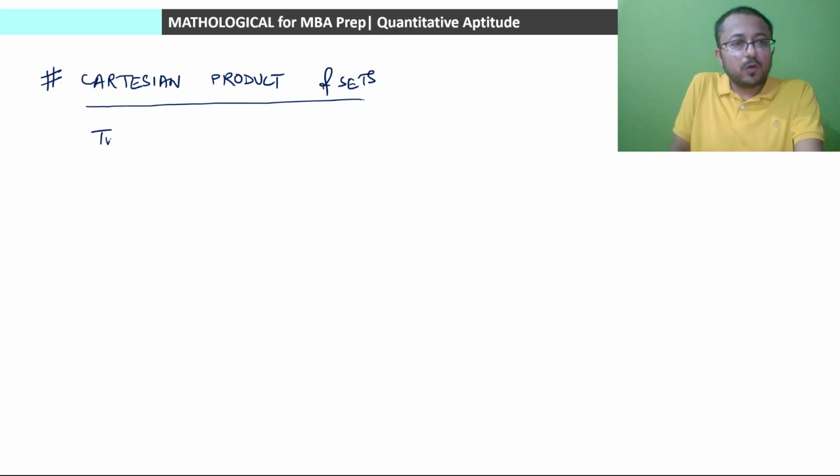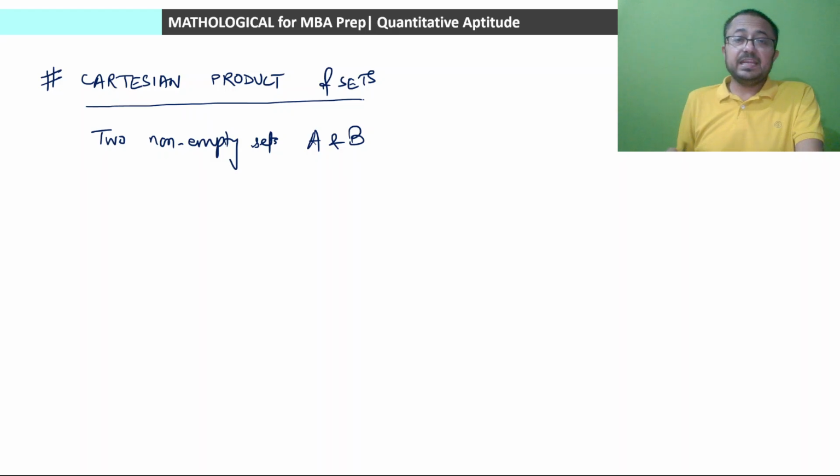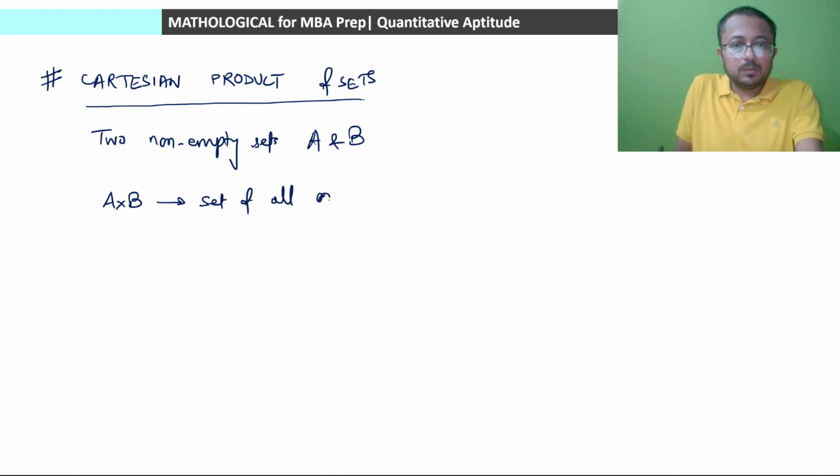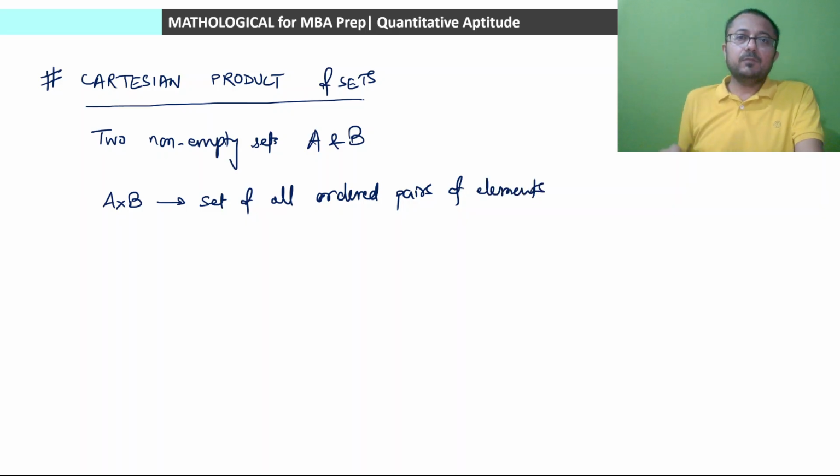If we have two non-empty sets A and B, then the Cartesian product, defined as A cross B, is basically a set of all ordered pairs of elements from set A and B.